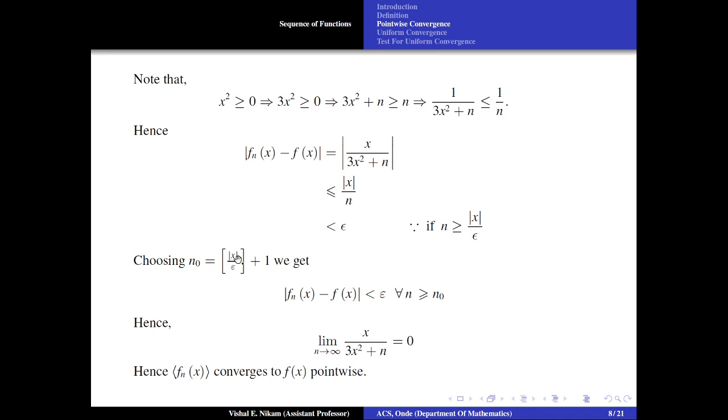It is defined in terms of mod x and epsilon. x is your known value, lying in the domain, right? Mod x upon epsilon, epsilon is given, so you can easily calculate n naught. So if n is greater than or equal to n naught, then this inequality holds. So this is the pointwise convergence of this given sequence of functions.